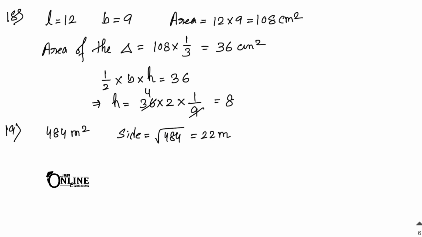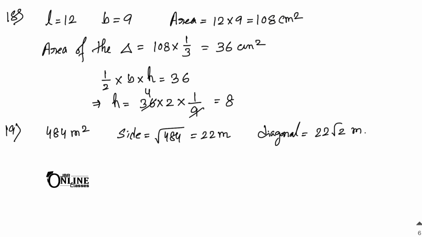Now find the length of each side, so that is 22 meter, and the length of its diagonal. So here the formula to find out the diagonal of a square is side root 2. So here diagonal will be 22 root 2 meter.